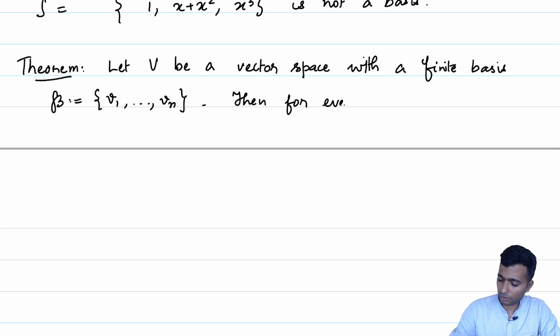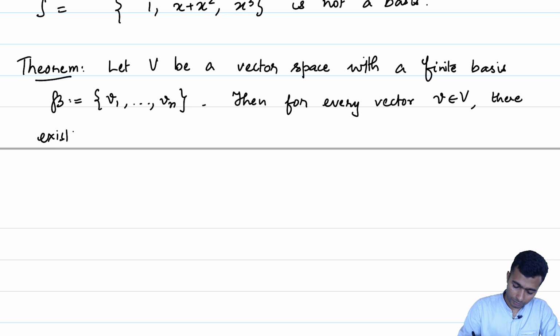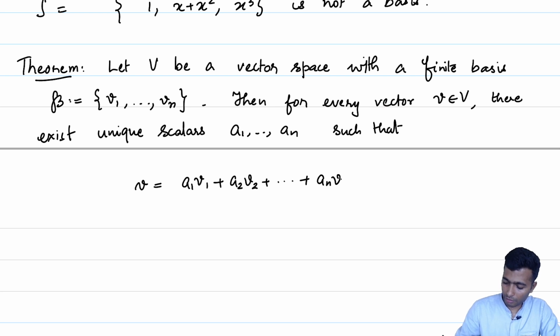Then, for every vector v in capital V, any vector in the vector space, there exist unique scalars a1 to an such that v is equal to a1 v1 plus a2 v2 plus dot dot dot an vn. So, every vector can be uniquely written as a linear combination of the vectors v1, v2 up to vn.